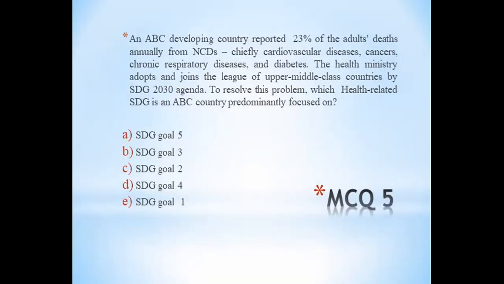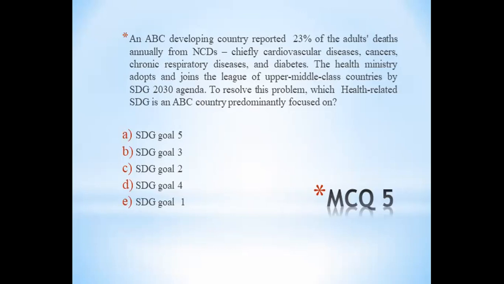MCQ 5. An ABC developing country reported 23 percent of adult deaths annually from NCDs, non-communicable diseases, chiefly cardiovascular disease, cancer, chronic respiratory disease and diabetes. The Health Ministry adopts the SDG 2030 agenda to join the league of upper middle class countries and resolve this problem.